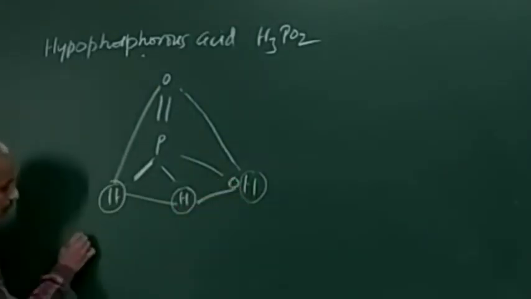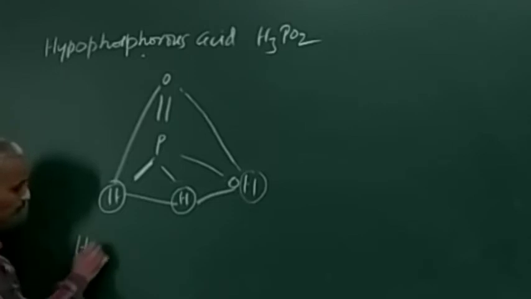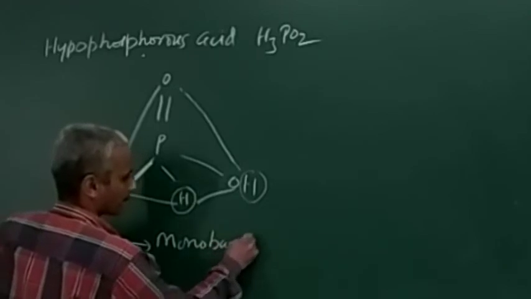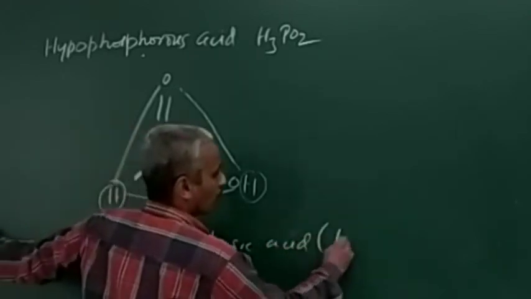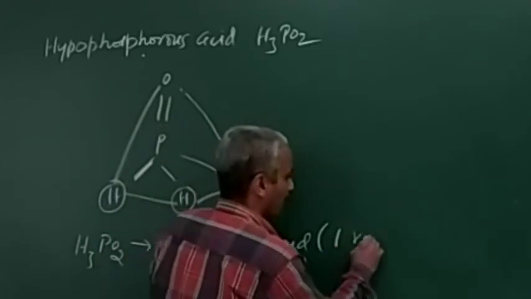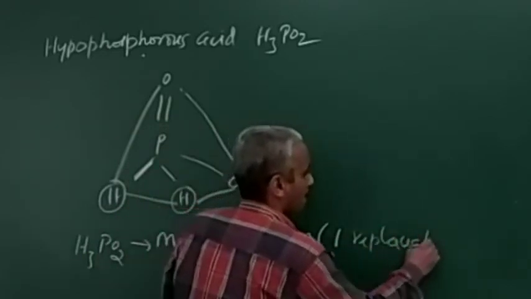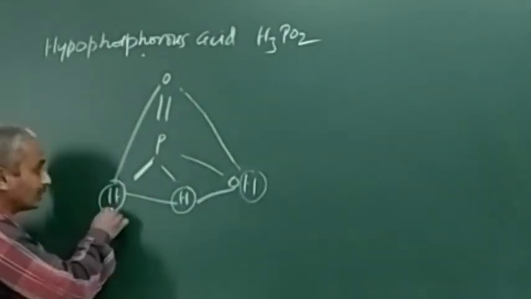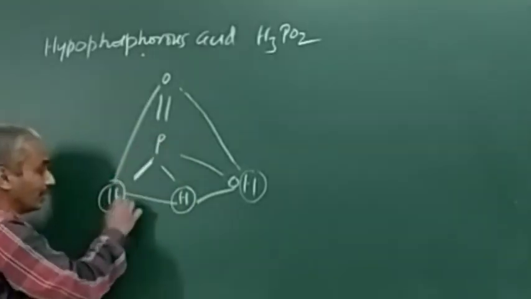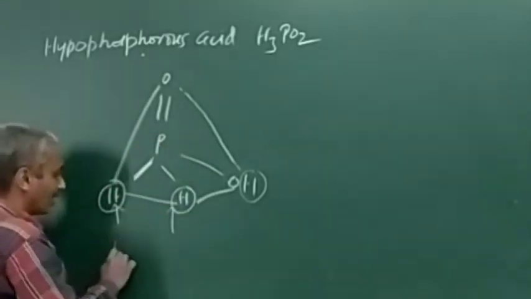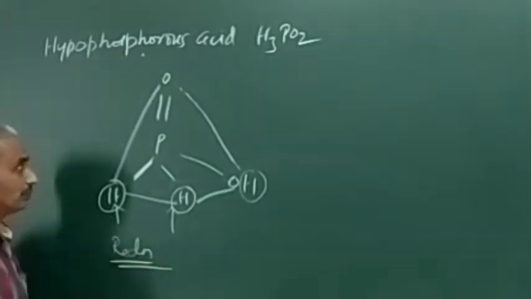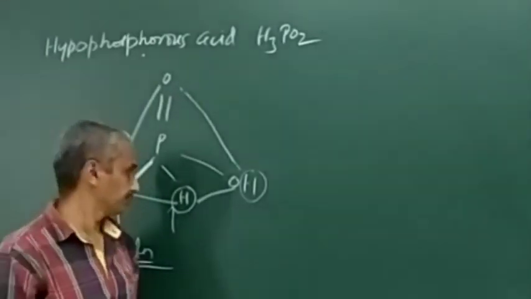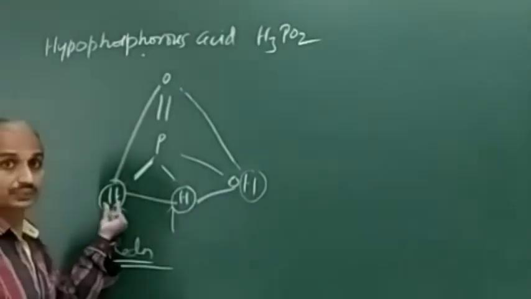So hypophosphorus acid, H3PO2, is a monobasic acid. Note this. That is, only one replaceable hydrogen. As two hydrogens are bonded directly, these can be utilized in the reduction process, which means H3PO2 is a good reducing agent. This hydrogen and this hydrogen can be utilized.